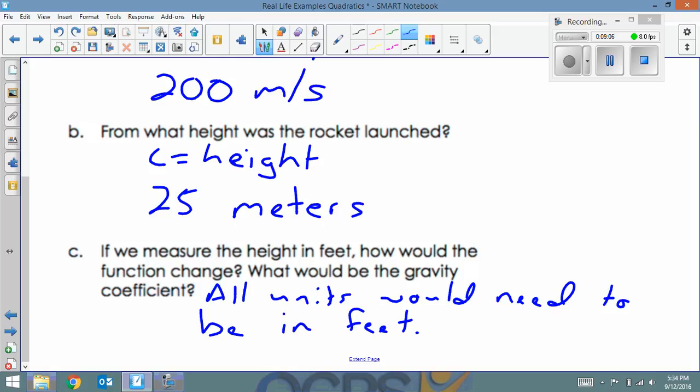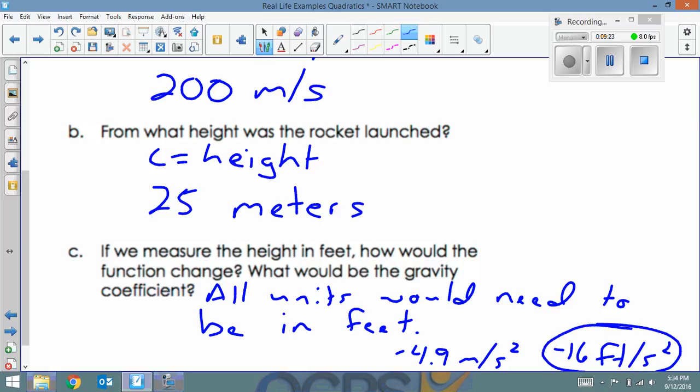Okay, well, remember, there's 2 types of coefficients here for gravity. We either have negative 4.9 meters per second squared or negative 16 feet per second squared. If we were to convert from meters to feet, the feet would be our gravity that we would use.